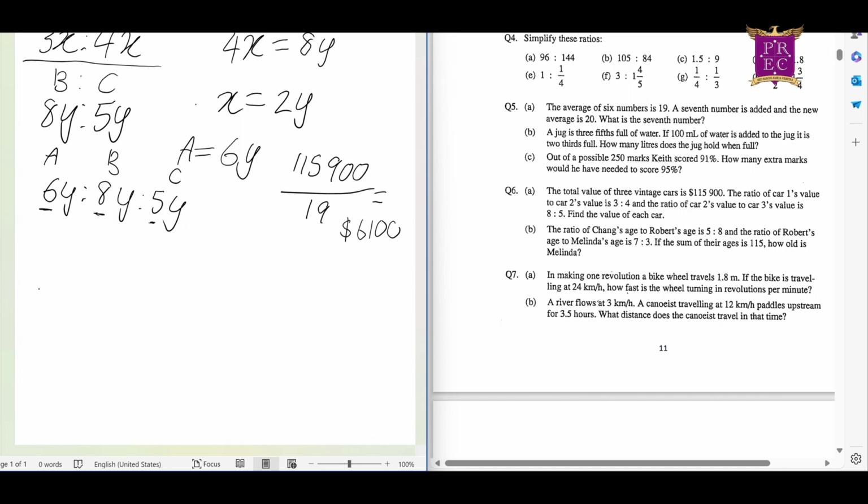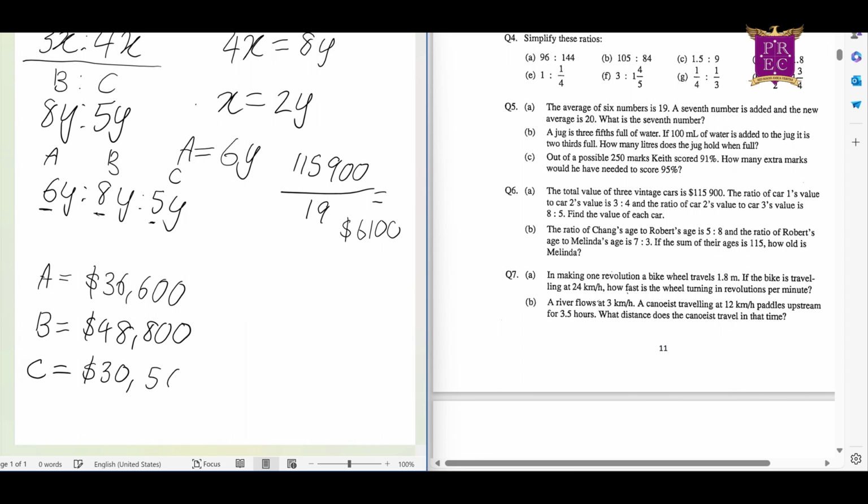So for car A, which is car 1, the value will be 36,600. For car B, it will be 8 times 6,100, which will be 48,800. And the value of car C will be 6,100 times 5, 30,500.